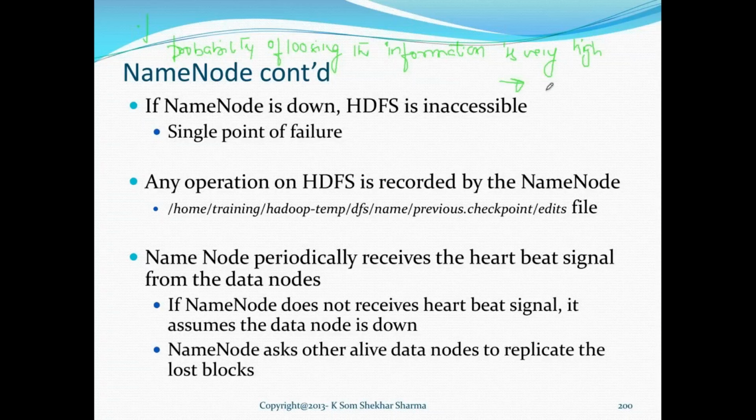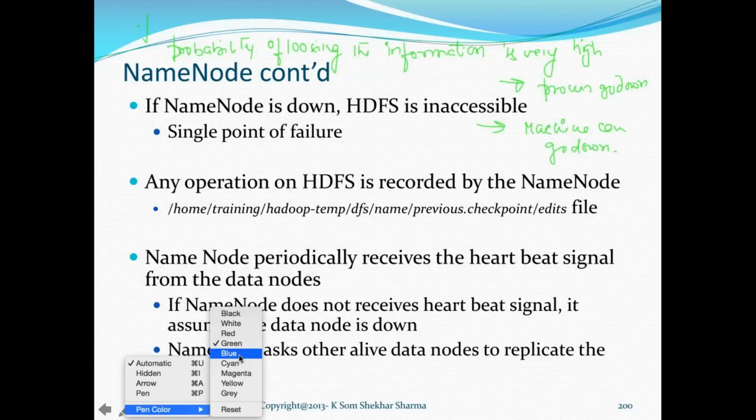Why is it very high? The process can go down, machine can go down, right? And there can be other reasons as well because of which the information can be lost.